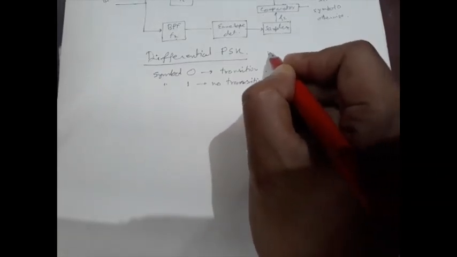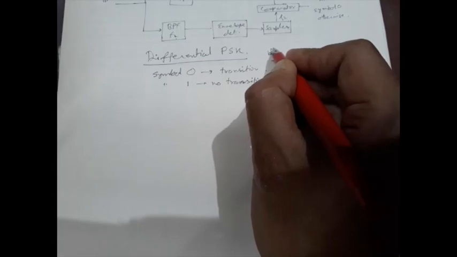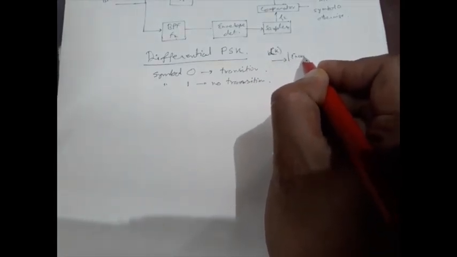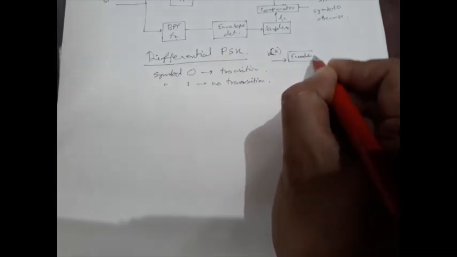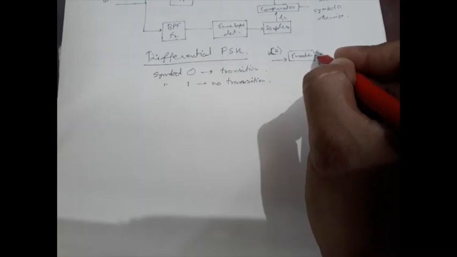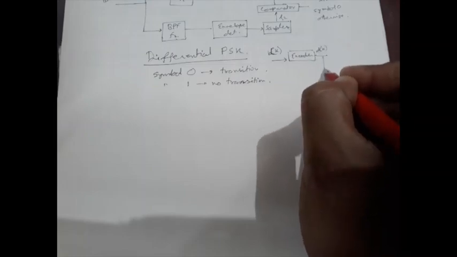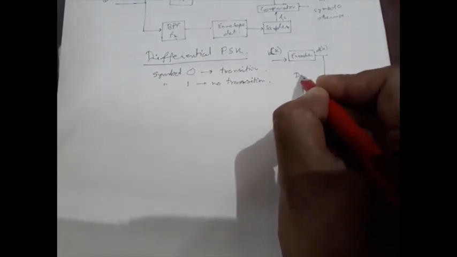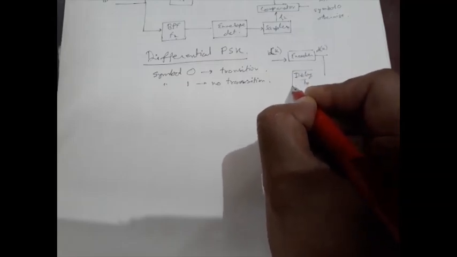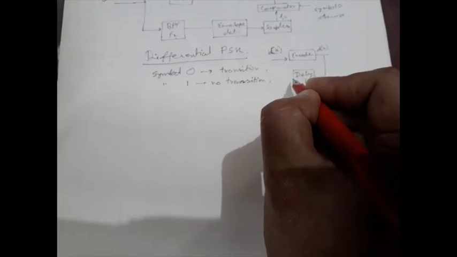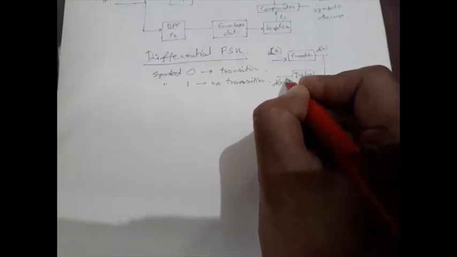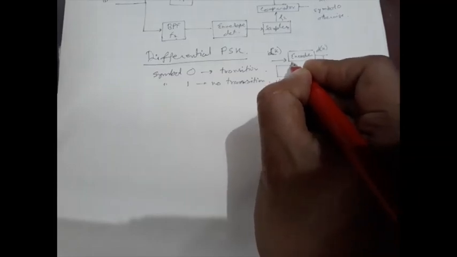We have the binary data, we have the encoder, and the output is say D. We need a delay of 1 bit time, giving D k minus 1, and that will be given to the encoder.